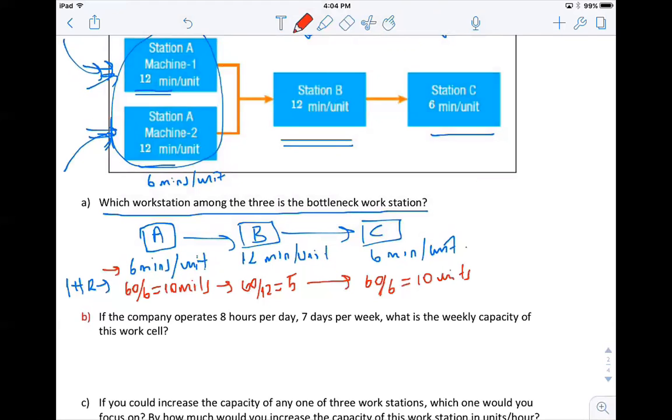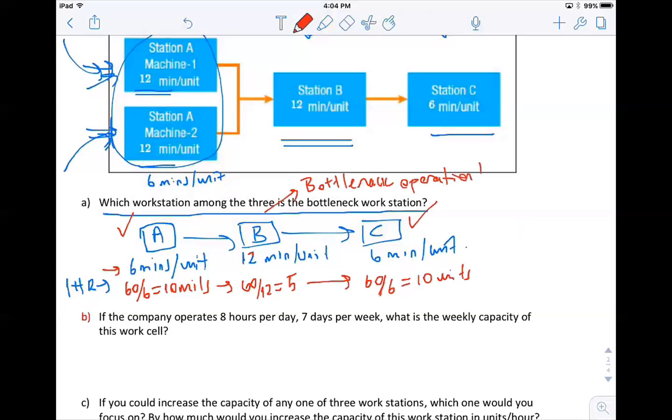Well, what is the problem here? Although workstation A and workstation C have the same pace, working on a single unit in every 6 minutes, workstation B is only working on one product in every 12 minutes. So workstation B is definitely the bottleneck operation.